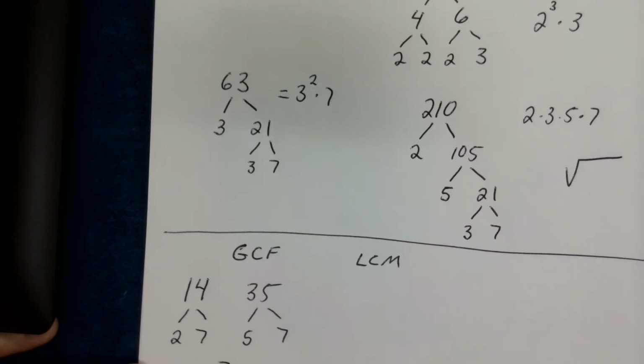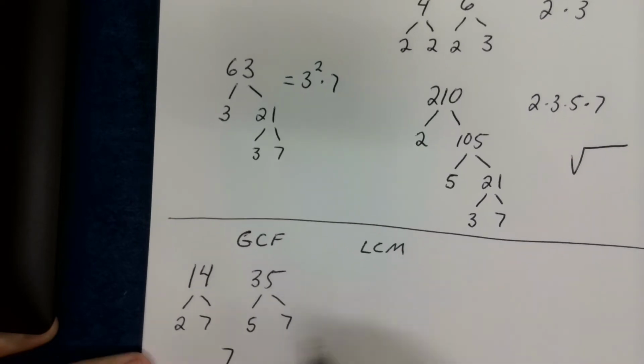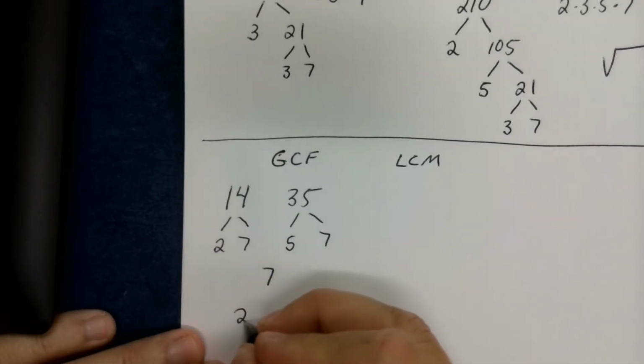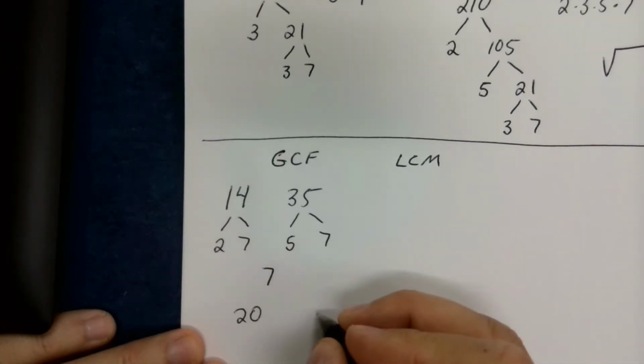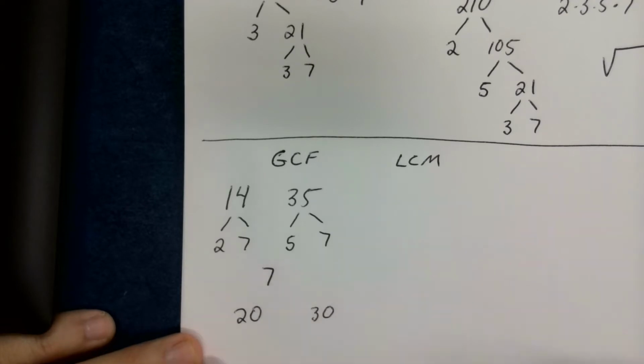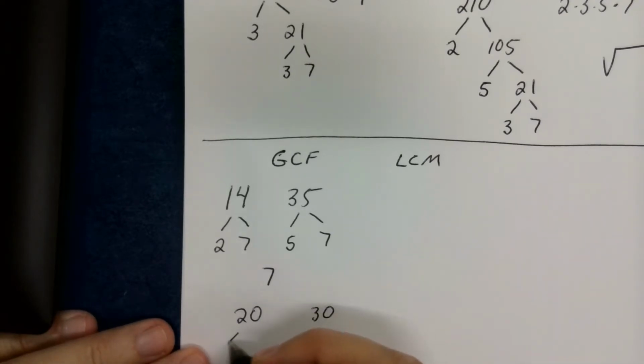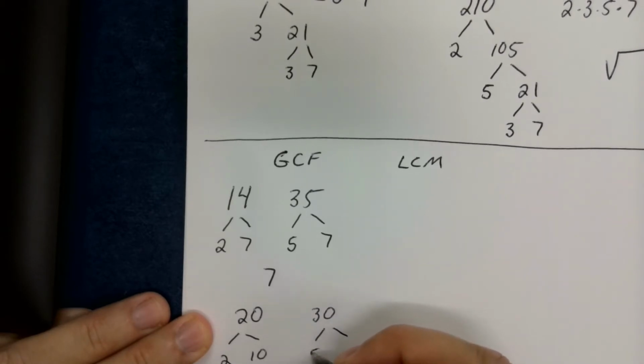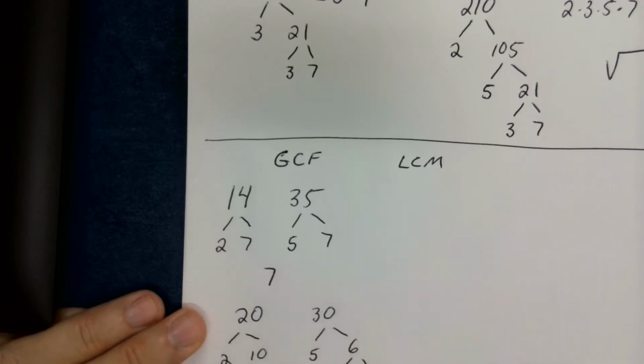Okay? Now, if we had a number like this, let's try one more down here. Let's say 20 and 30. So 20 I break down into 2 and 10, and this 10 breaks down into 2 and 5, and 30 breaks down into 5 and 6, and 6 breaks down into 2 and 3.